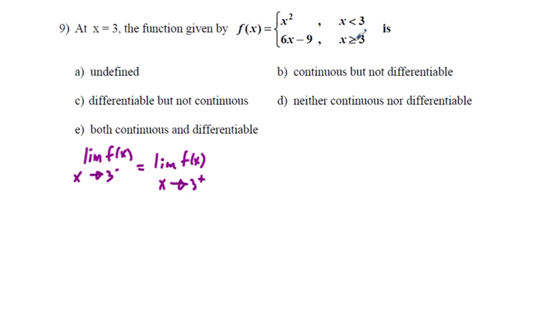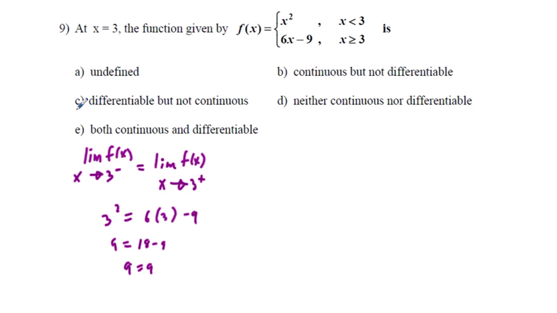We see that the thing is defined. And we see we have a greater than or equal to on the bottom. That means that f of 3 does exist. So anyway, we go to the left side, and so we're going to have 3 squared is equal to 6 times 3 minus 9. Well, that's going to be 9 equals 18 minus 9. So 9 equals 9. So we've tested for continuity here.